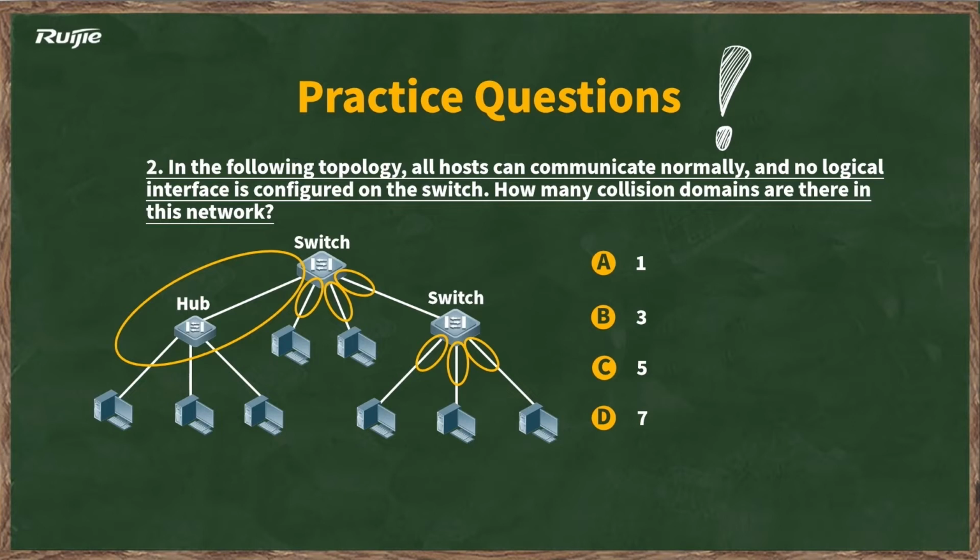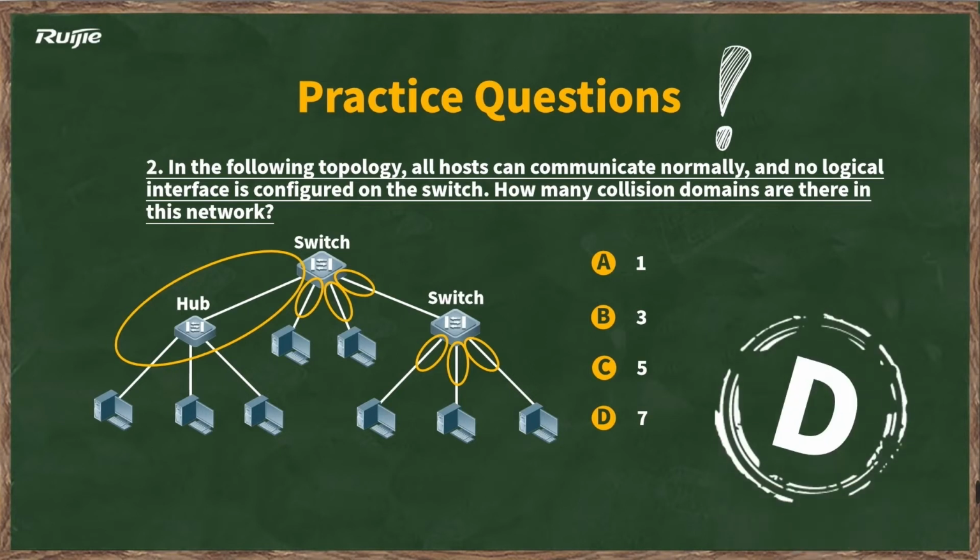But pay attention to the left three terminals. Only one device can send out packets, and the rest of the terminals have to wait. We use the CSMA/CD mechanism to avoid the collision. So this is the correct answer, option D.